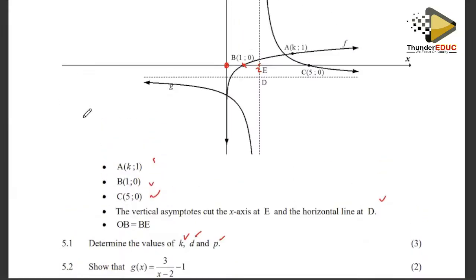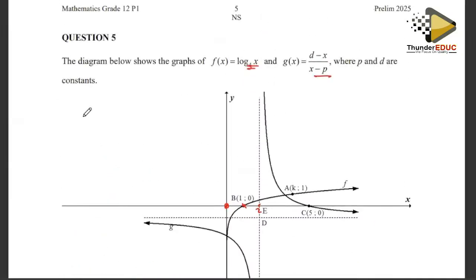Okay, so we know that k, where is k? Okay, this is k. Where is d? This is d, that is p. All right, so what do we do in that case?